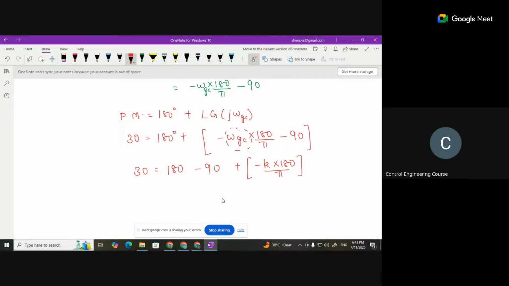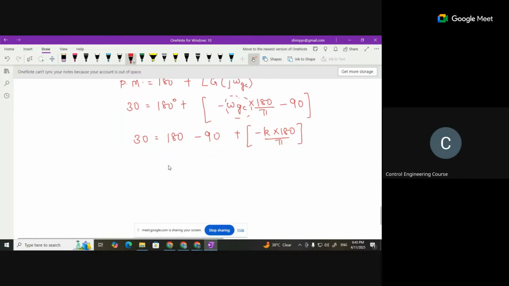Tell me what is the value of K? Find it out quickly. K comes out to be 60 degrees, right?